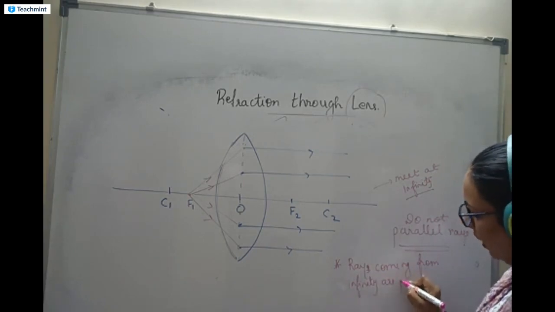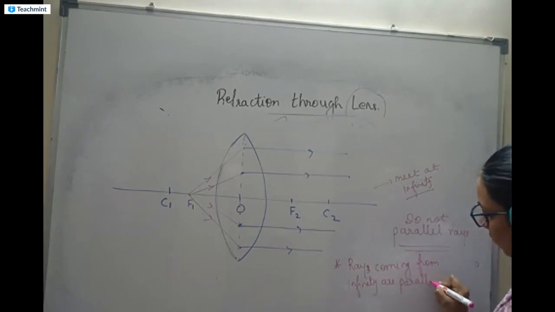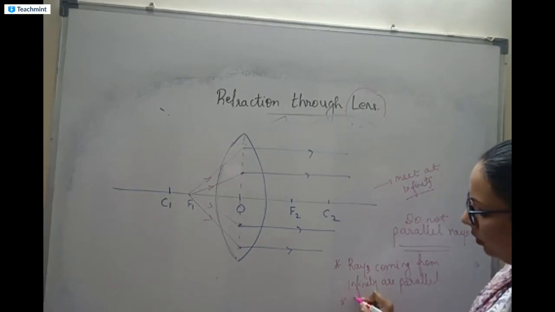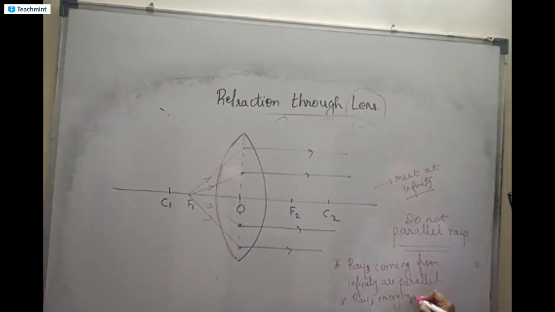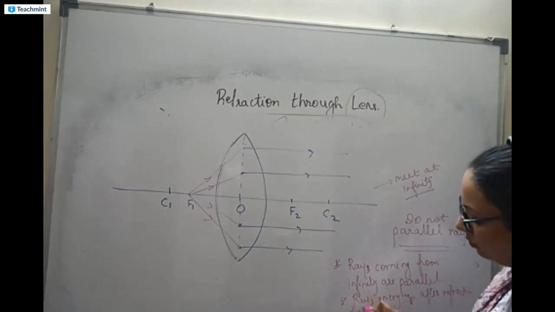are parallel to each other, and rays emerging out after refraction that are parallel will meet at infinity. For now we will understand that not every ray will be the same for convex and concave.